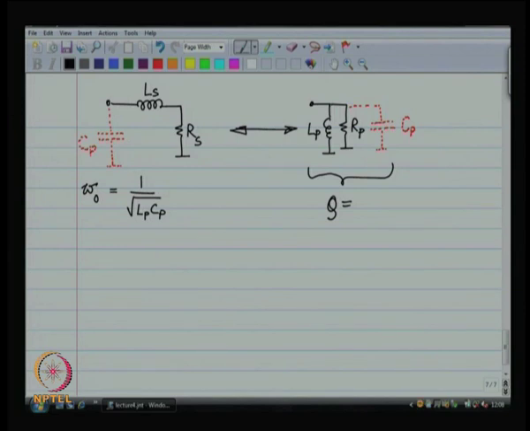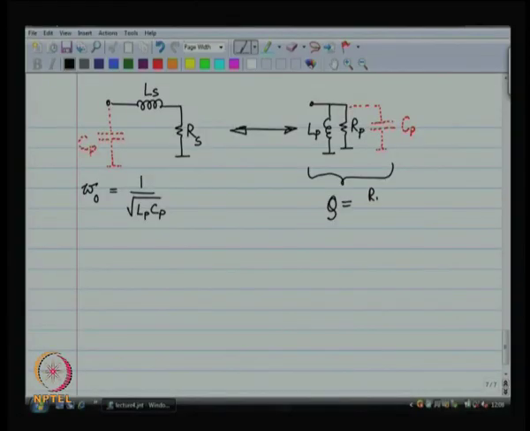Remember, the parallel RLC network, if R increases, then if R tends to infinity, then the resistance is an open circuit, then it should have infinite Q. So, if R increases, my Q should increase. So, that is how I remember what is what. Okay.